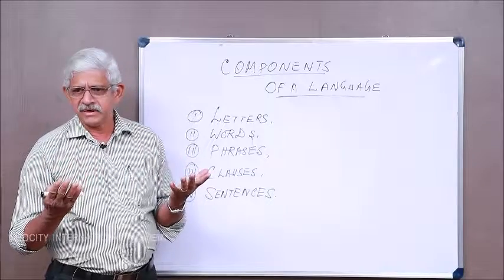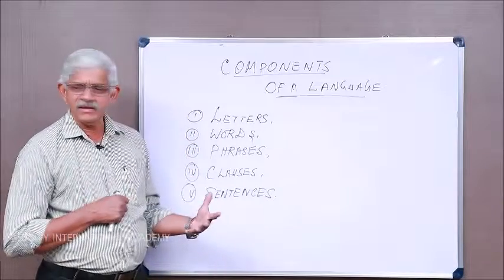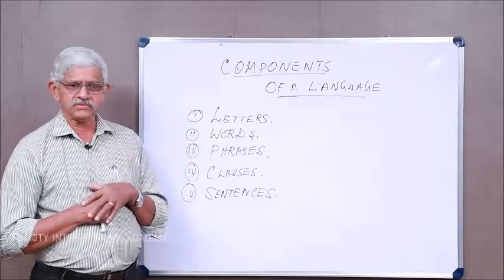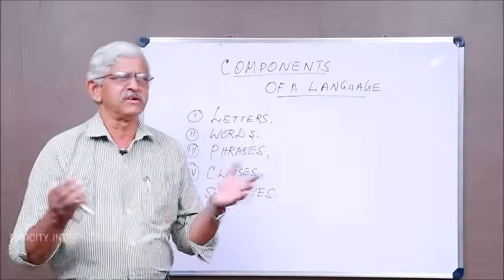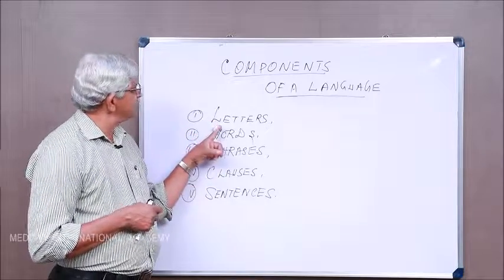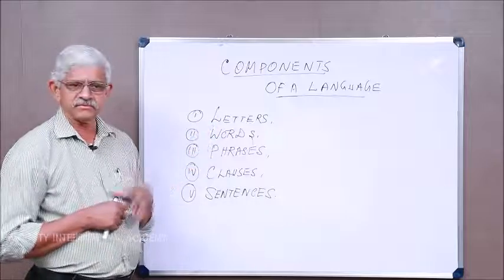If you take the English language, we can say that this language is mainly made up of 5 components. These 5 components are well known to you. The basic unit or the first component of this language is the letter.